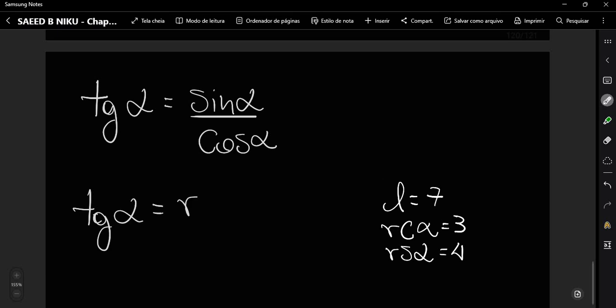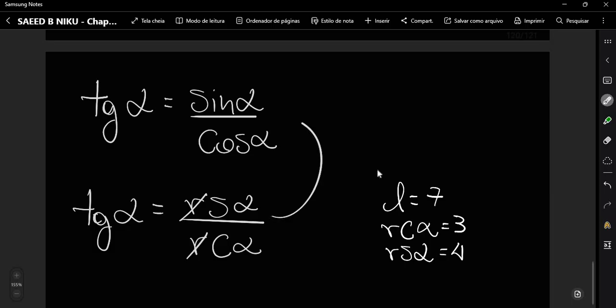Even if we had this R multiplying the sine and the cosine, we just have to eliminate this R. So we got back right here, and it is 4 divided by 3.